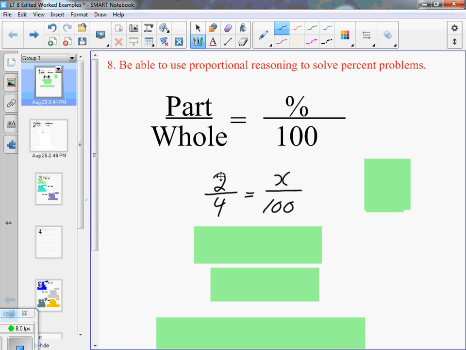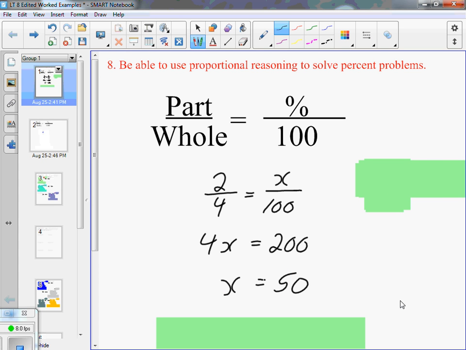Well, I'd say the part you got right, 2, to the whole, there were 4 questions, equals your percent over 100. So, cross products, you get 4x equals 200. Divide both sides by 4. And sure enough, that's 50%, just like we said it was, or knew it was going to be.